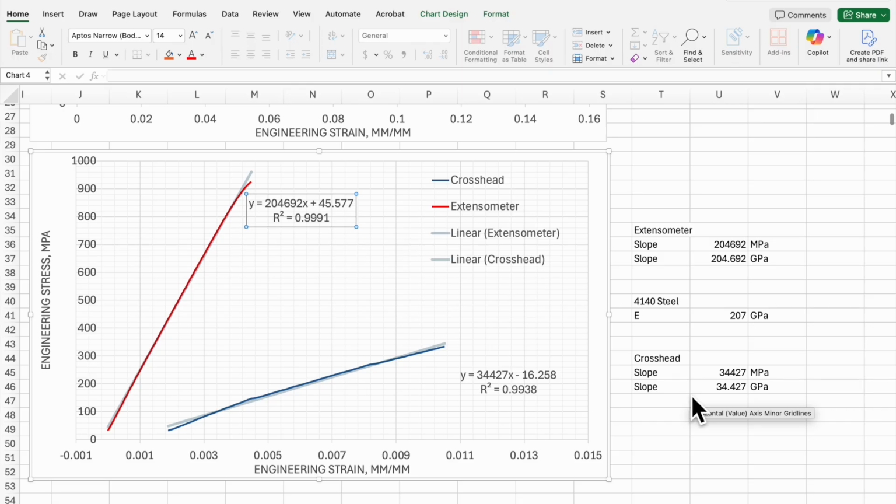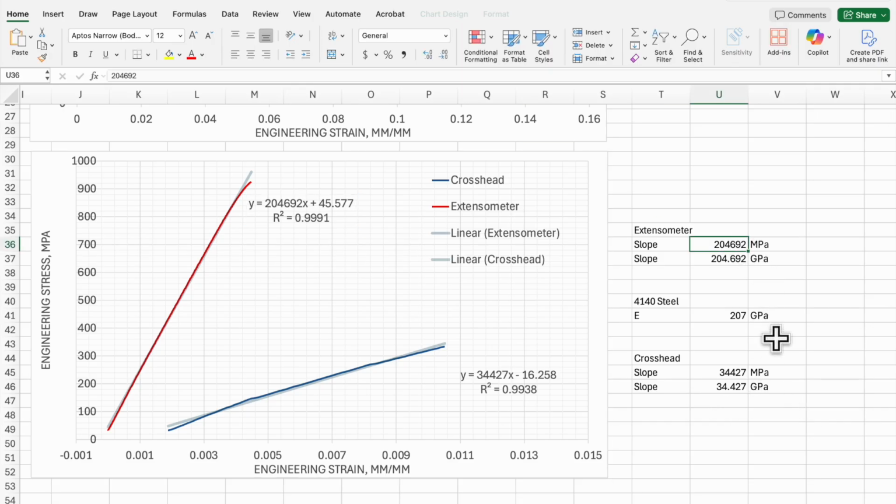I've actually written them over here. Starting with the extensometer, this is the slope that I just read off in megapascals. If I divide by 1,000, which is what I've done here, you see that my slope for the extensometer is 204.692, so essentially 205.